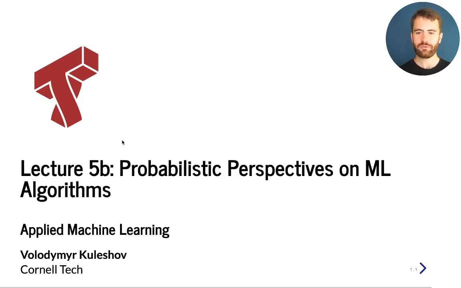You can think of this as additional extra material that's closely related to lecture 5, and it will both make the material in lecture 5 more concrete, and we're also going to see how a lot of the algorithms that we saw earlier are actually special cases of the probabilistic approach to machine learning. So you can think of lecture 5 and lecture 5B as being very close together and being continuations of the same theme.